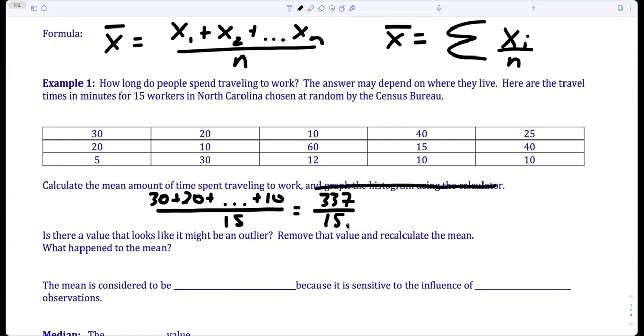You can put a dot right there by the 15 and it will give you a decimal answer. Or you can convert it fraction to decimal also. But probably the easiest thing is if you put 337 divided by 15 and then put a period after the 15, it will give you a decimal answer, which is, what's the mean? 22, we'll round it, okay, 22.5.